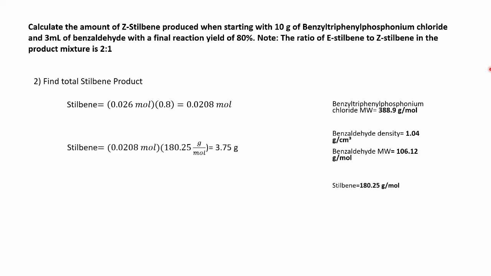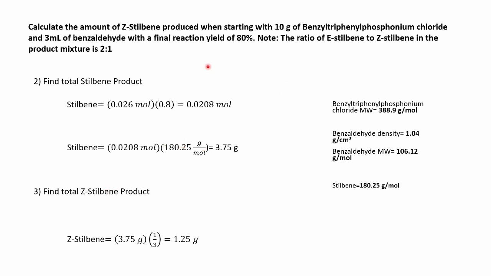We can then convert this to its mass by multiplying the moles by its molecular weight. The moles cancel, and what we're left with is 3.75 grams of stilbene. Finally, the last thing we want to do is find the total amount of the Z stilbene specifically.